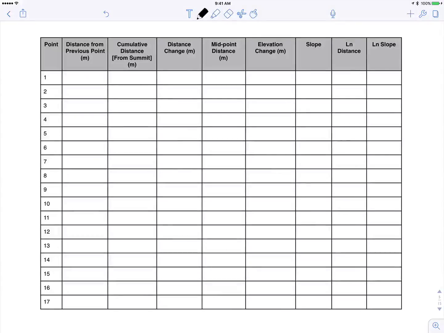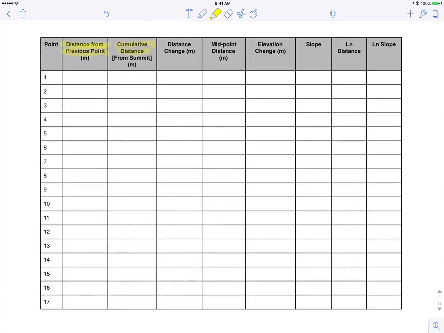There's going to be the distance from the previous point. Remember, we're working our way down the volcano in line segments. But in terms of plotting it, we have to know where we are in terms of total distance. So that's what I'm calling cumulative distance, measured from the summit.